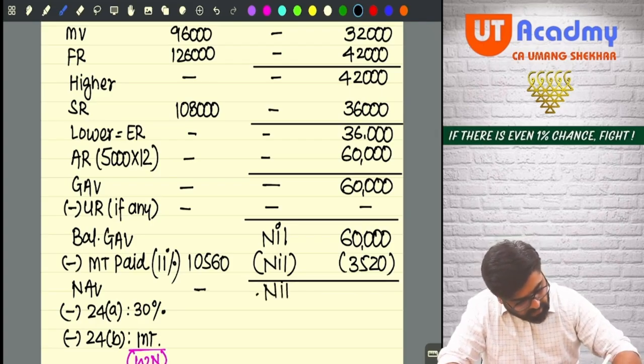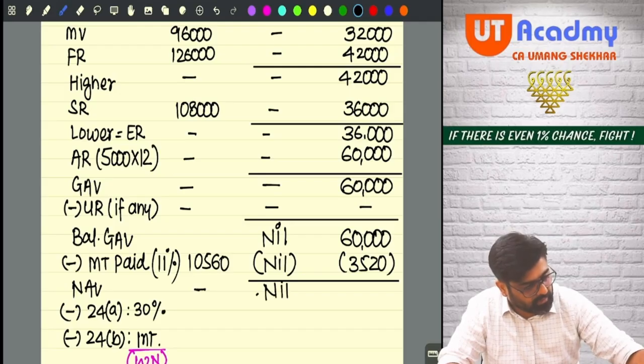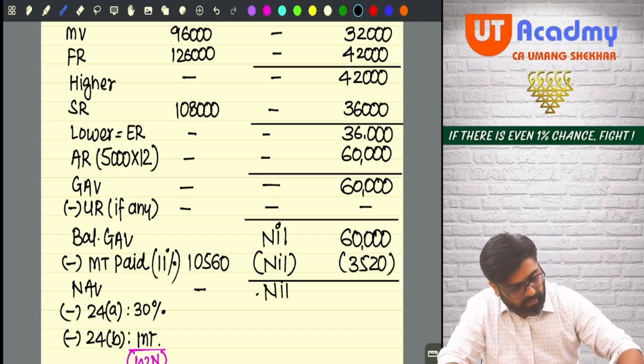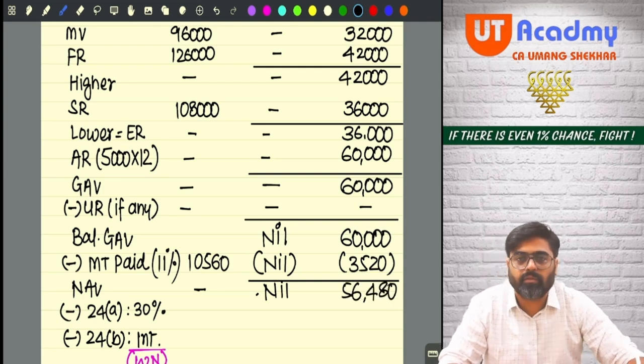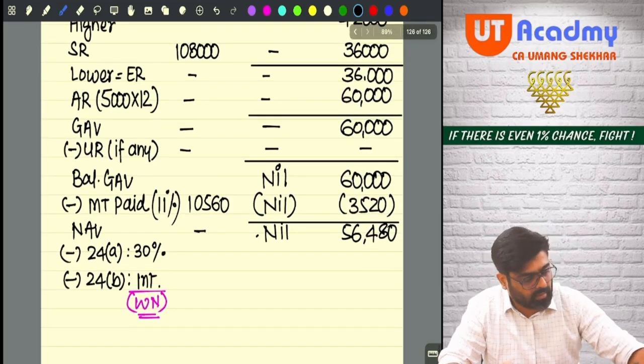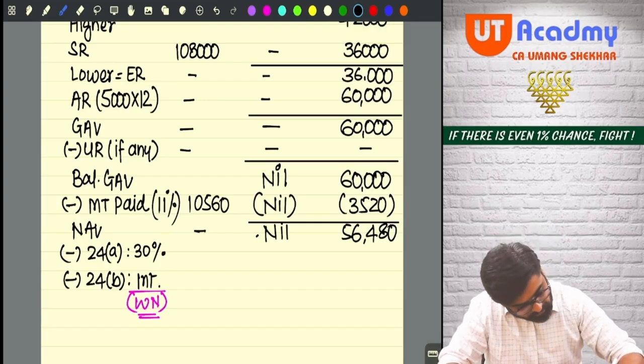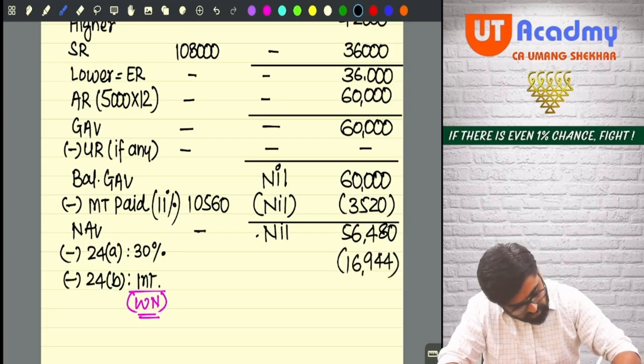Here it will be nil, and 60,000 minus 3,520 will give me 56,480. Everyone getting this? So till here no problem. Into 30% will be 16,944. Here it will be nil, and here it will be dash.